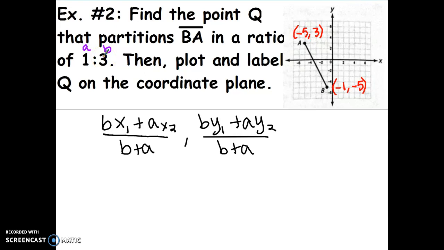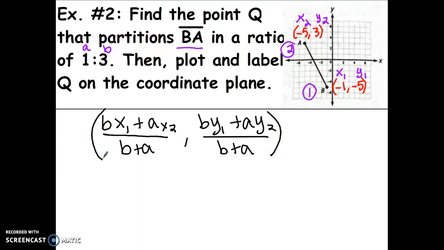The line segment they're referring to is BA, so B is our first ordered pair and A is our second ordered pair. That makes this our x1, y1, and this our x2, y2.